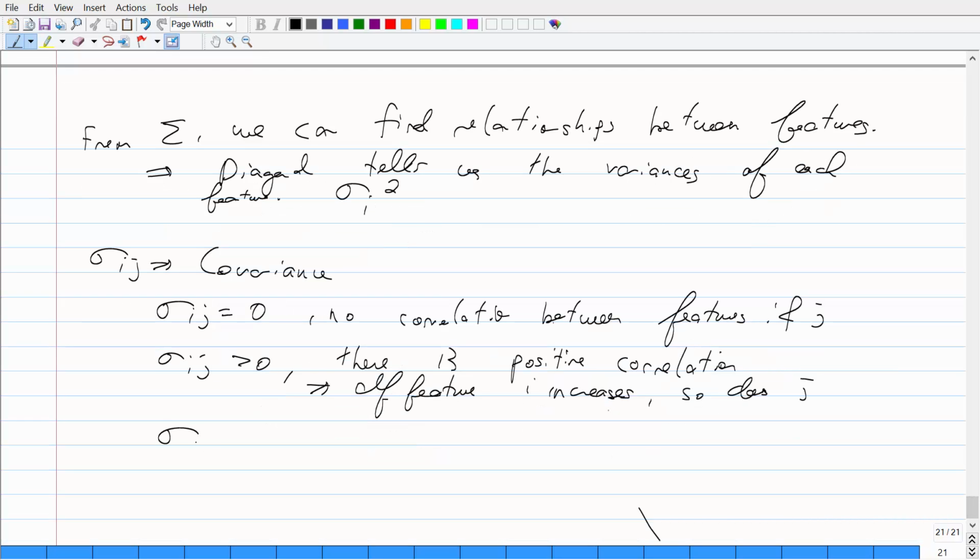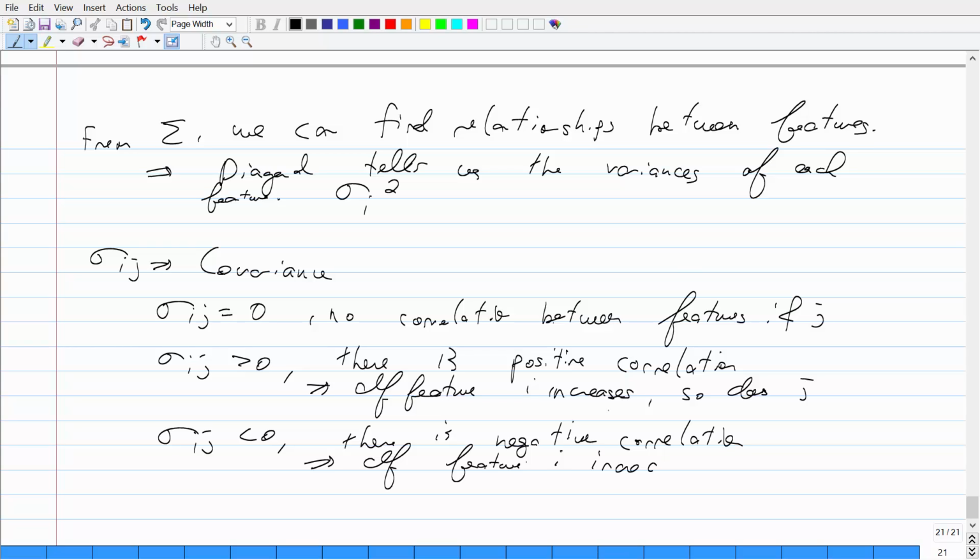Okay. Similarly, if it's negative, this is what is known as negative correlation. So if feature i increases, then feature j decreases. And I'll show you some pictures, of course. If feature i increases, then j decreases.